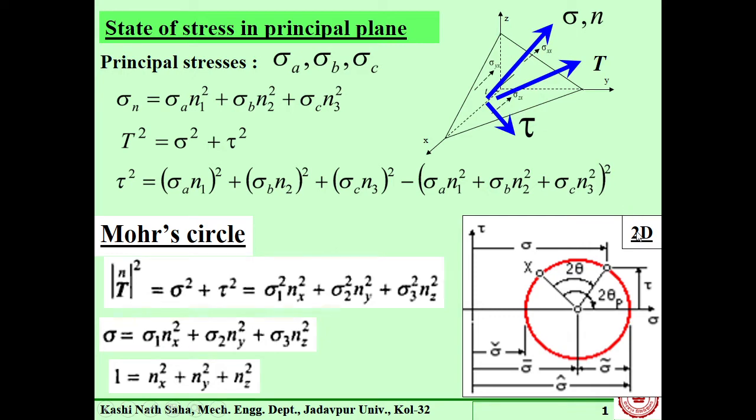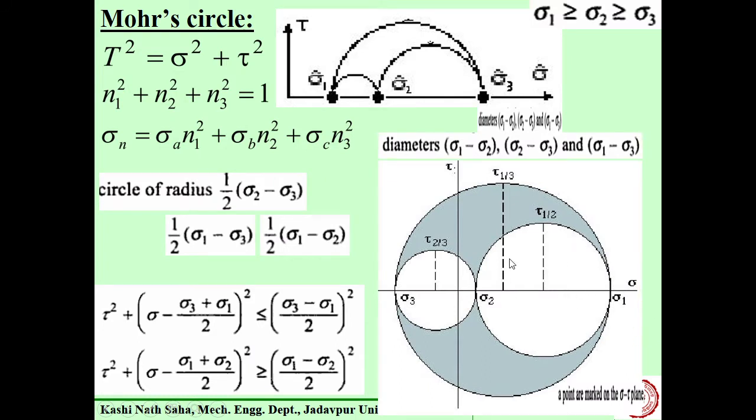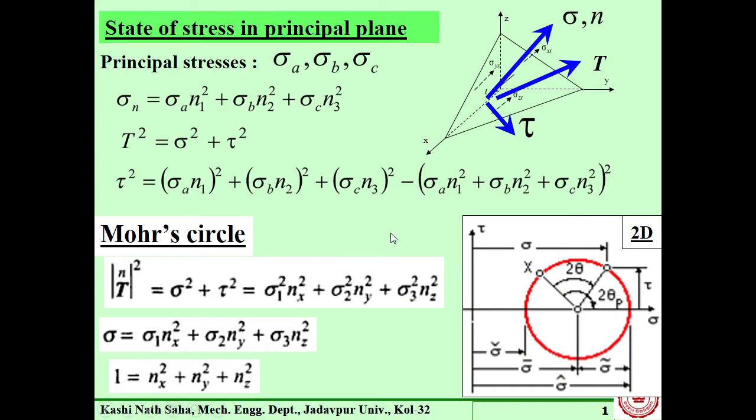That means in this Mohr's circle, the axes are oriented along principal directions. That is true even for our 2D analysis. Whenever you constructed Mohr's circle in 2D, there also the sigma axis was oriented along your principal stress direction. So that is true here also, right? This particular equation will remain the same.